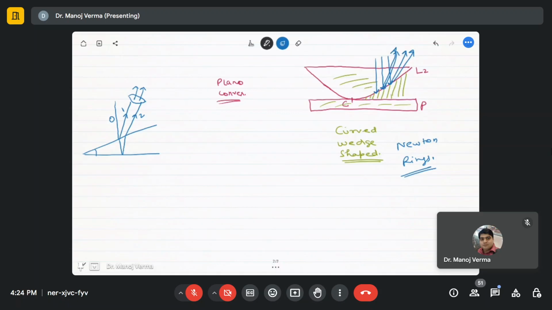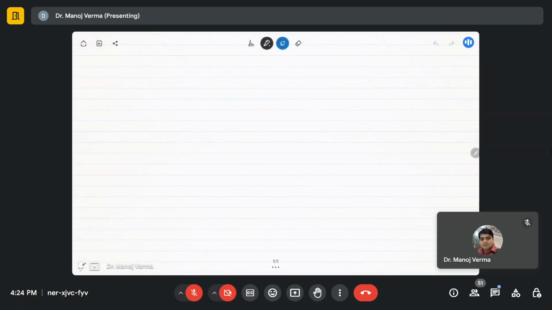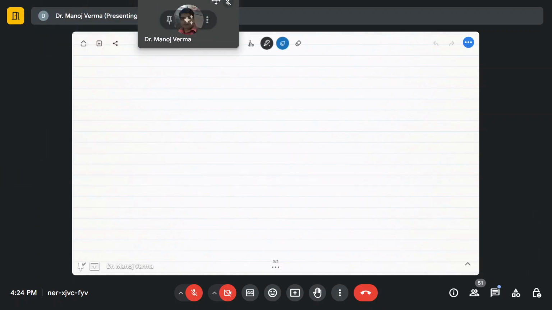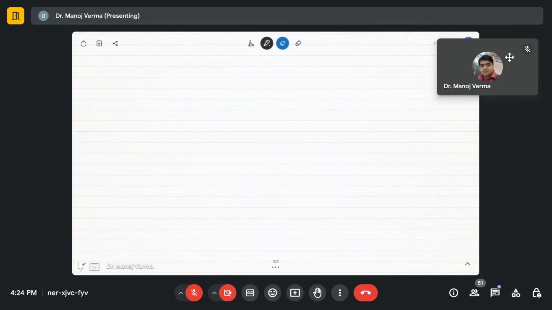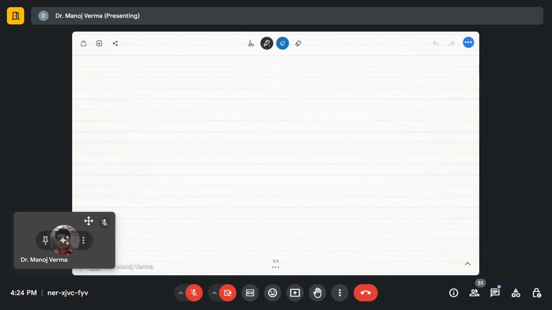If I see, just like the wedge-shaped film, if I draw like this, and this, now suppose a ray of light goes something like this, and I am calling this point as B point.